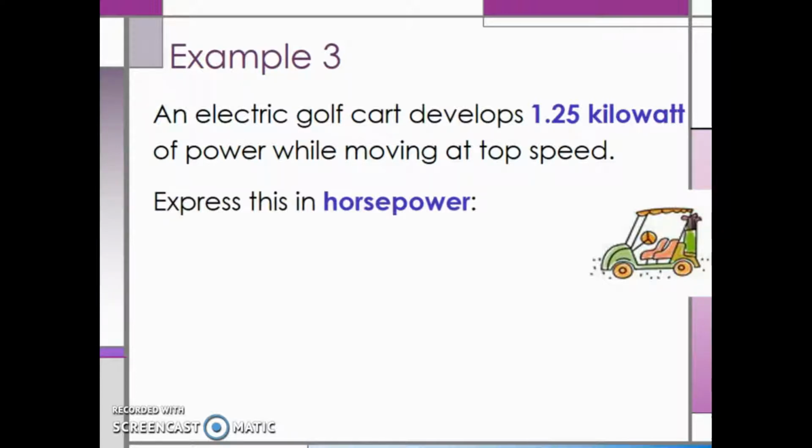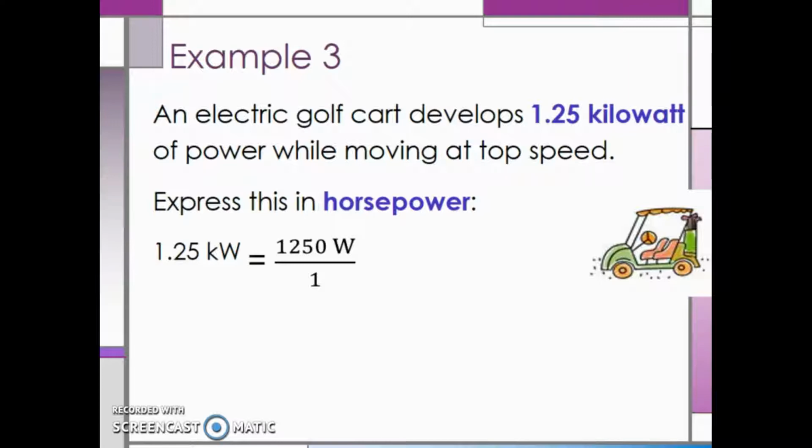Just like in our very first unit, we need to use the unit conversion process here to convert from the metric kilowatts to the English horsepower. First of all, we know that 1.25 kilowatts is equal to 1,250 watts, so we can write 1,250 watts as a fraction over 1.